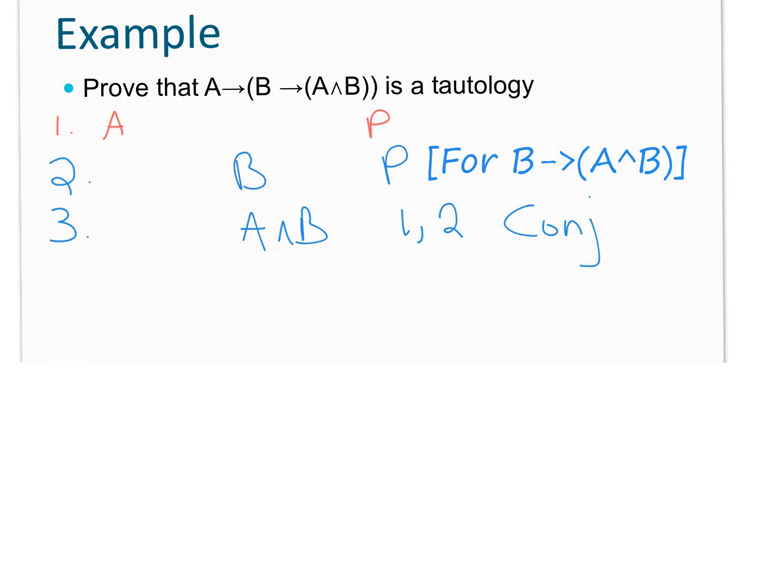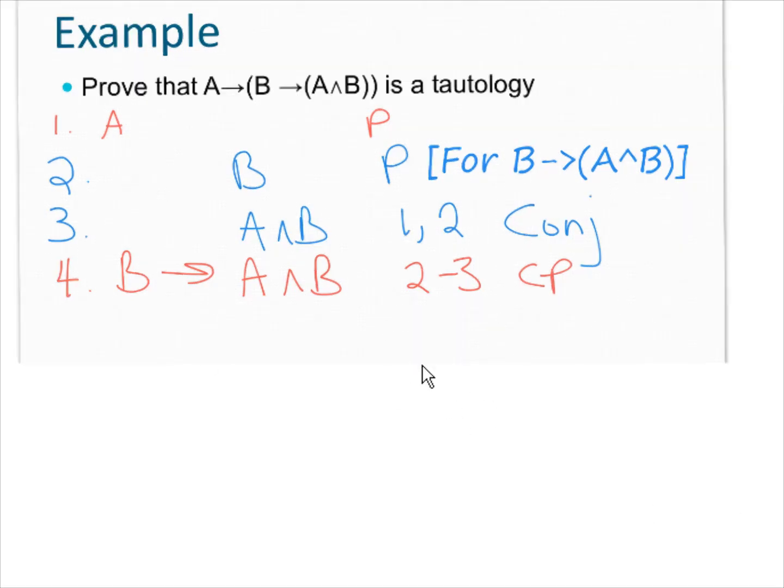And check it out. I assumed B and I concluded A and B, which means that I could outdent, right? And I can say, oh, wow, I did B implies A and B based on lines, what did we do? 2 to 3 and conditional proof.